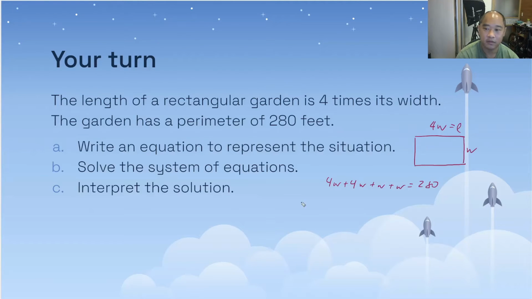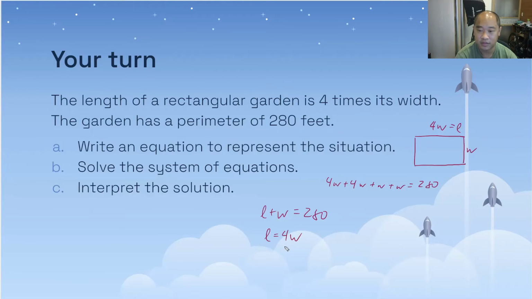I've skipped a step here. Actually, it's length plus width equals 280. And then length equals 4w. This is actually your system of equations. And then you're going to do what I did here. I did the next step already on accident.